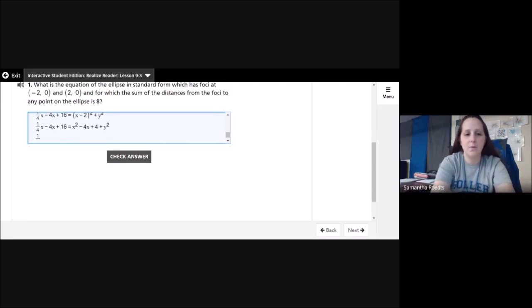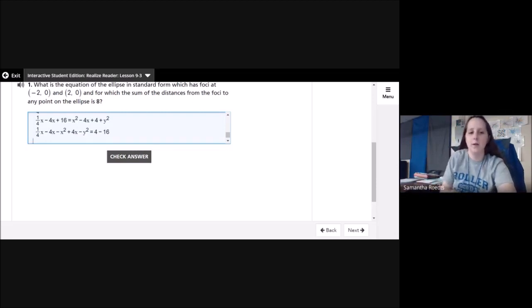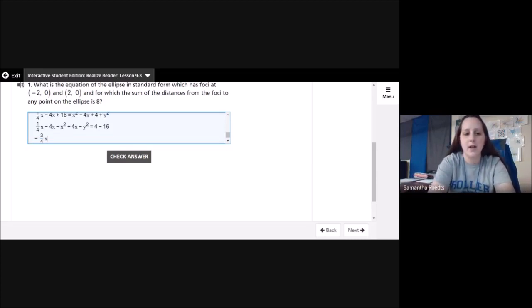Okay, so that gives me 1/4 x squared minus x squared, then -4x and 4x cancel each other out, minus y squared, equals 4 minus 16. So 1/4 minus 1 is -3/4. So -3/4 x squared, minus y squared equals -12.